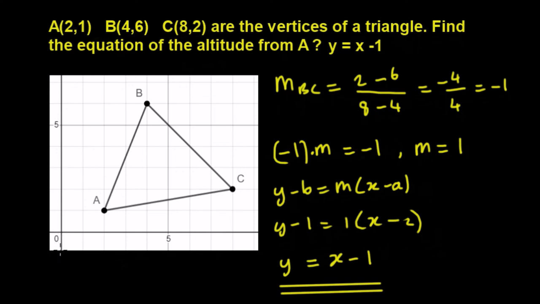So it's coming from this point down here, which is 0 along, 0 down, minus 1, and it's got gradient 1, so it'll go along 1 and up 1, through that point, and that point, and that point, and this point here. So the equation y equals x minus 1 is going to go like this. This here is going to be the altitude, and it sits at right angles to this line BC.